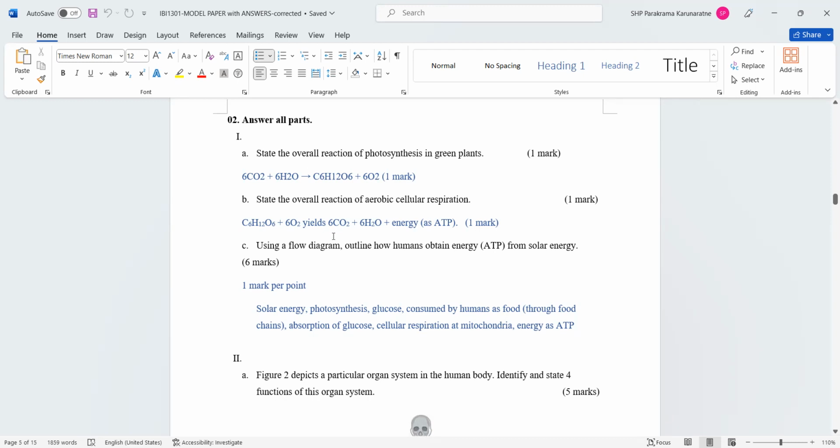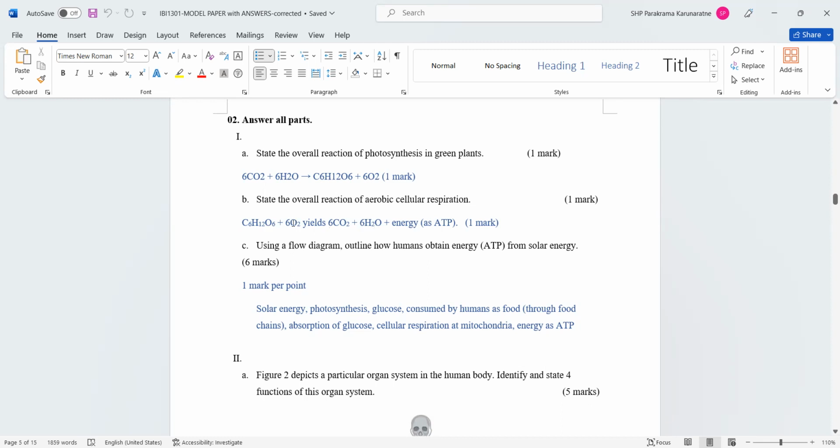The opposite of this reaction takes place during cell respiration, which takes place in mitochondria. So that is the second question. B, state the overall reaction of aerobic cellular respiration. This takes place in the mitochondria, where this glucose is broken down back to carbon dioxide and water.